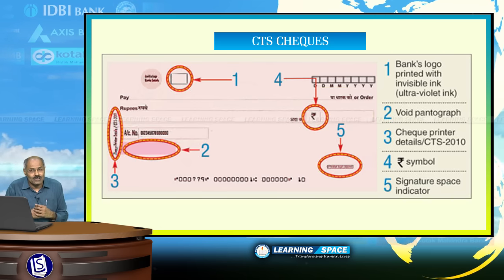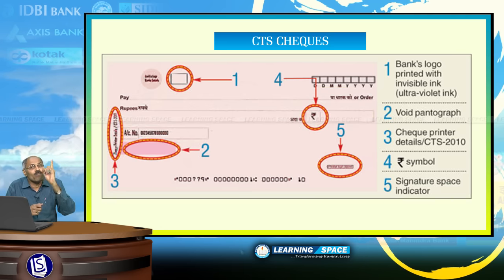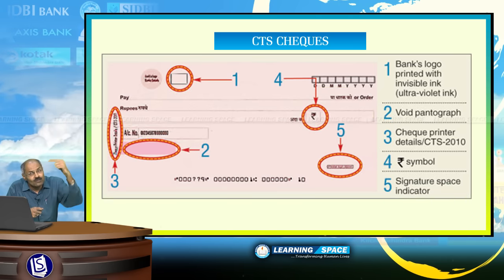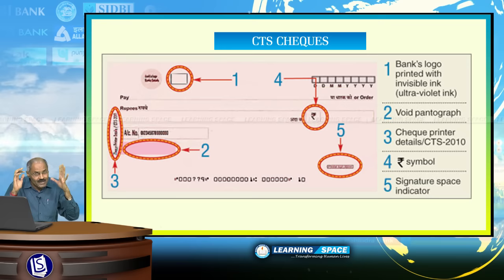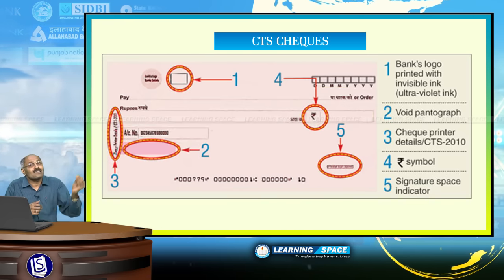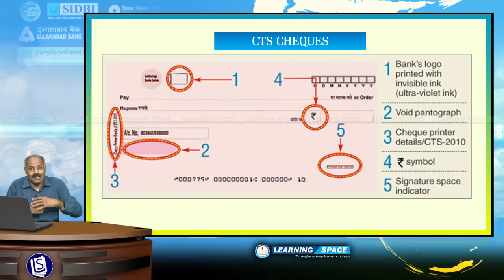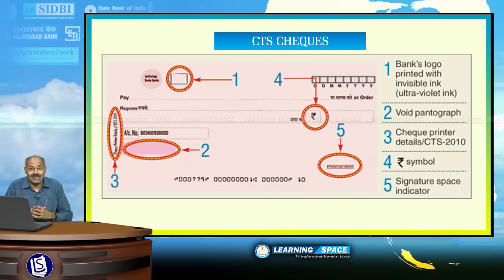The Reserve Bank has said that non-CTS checks should be cleared only once a week, so as to discourage non-CTS checks. So you can presume that in due course of time, CTS checks will be there in the entire banking system. Now 99% of the checks in the banking system are CTS checks.